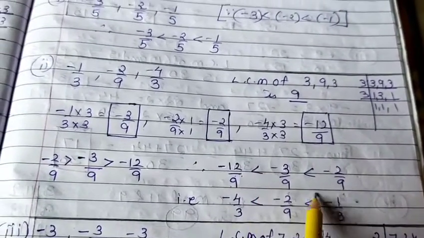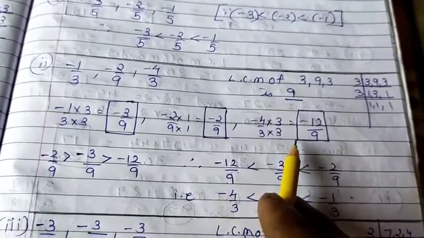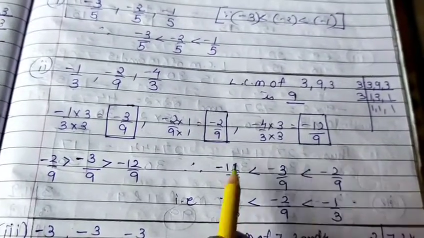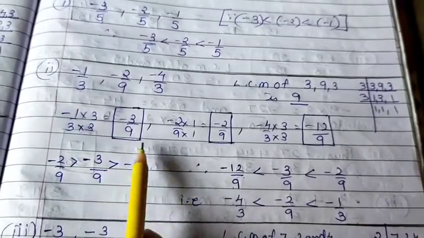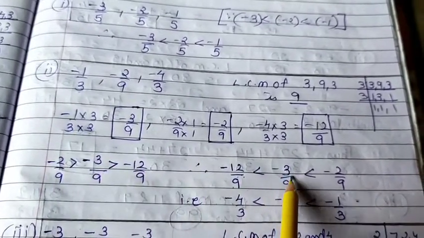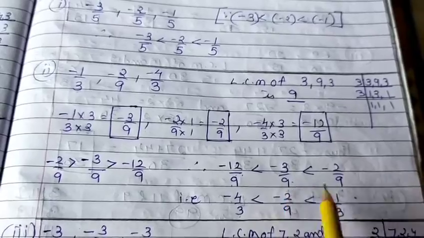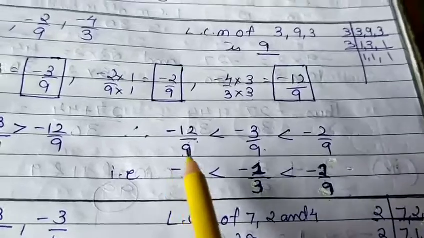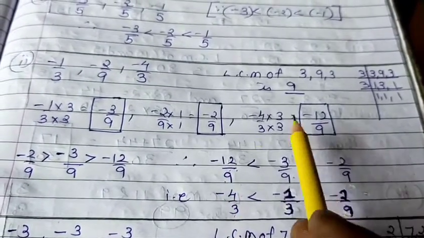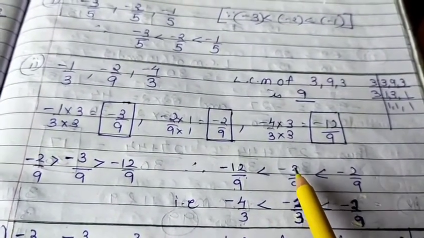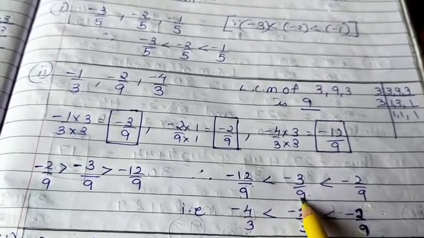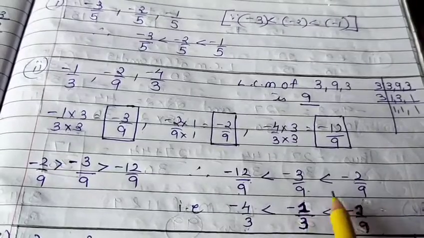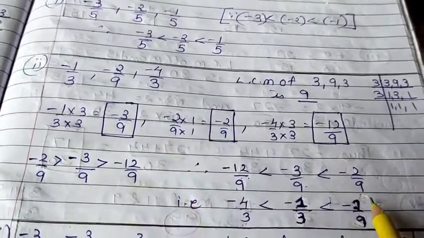So write down the original values. In place of negative 12 by 9, write down negative 4 by 3, which is less than negative 3 by 9. In place of negative 3 by 9, write down negative 1 by 3, which is less than negative 2 by 9, that is the same, only negative 2 by 9.